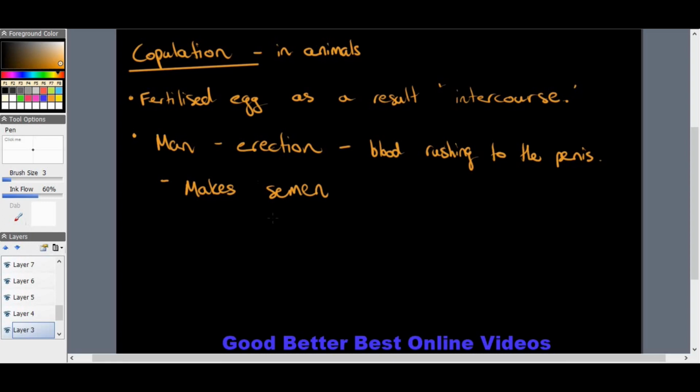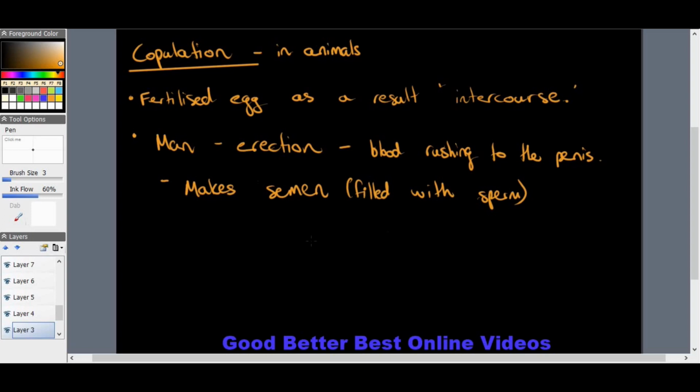Otherwise, how is it going to get there? The muscles of the penis contract and the semen is forced out, filled with millions of sperm cells.